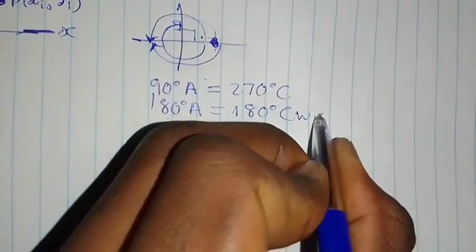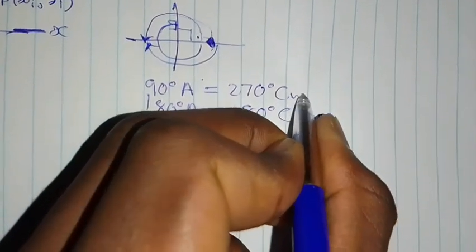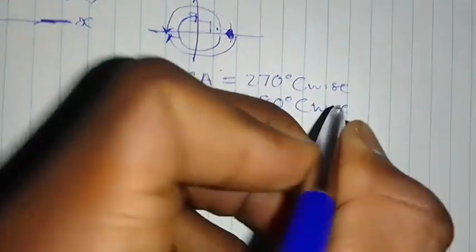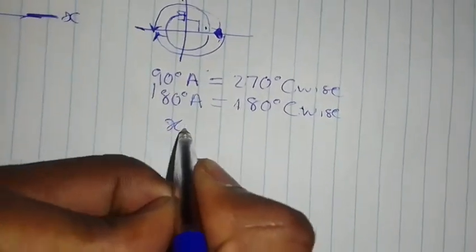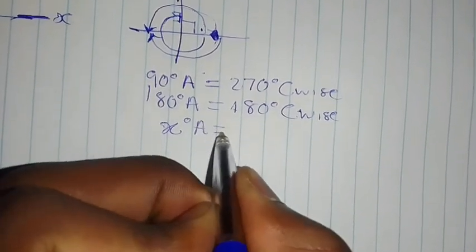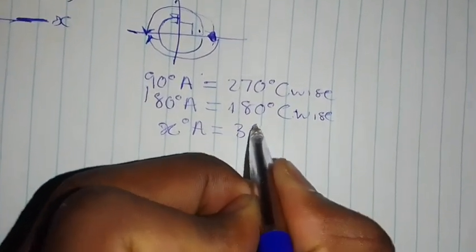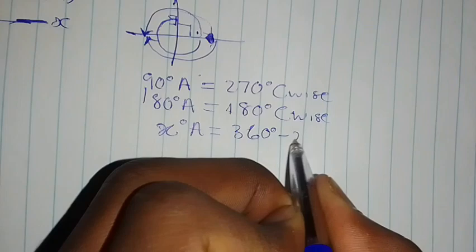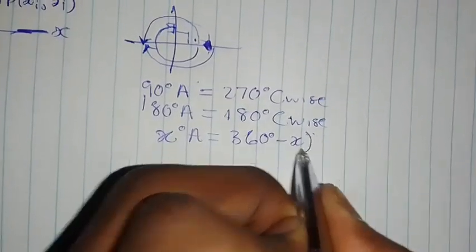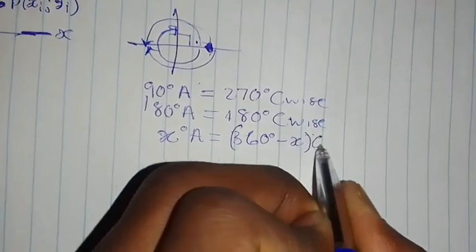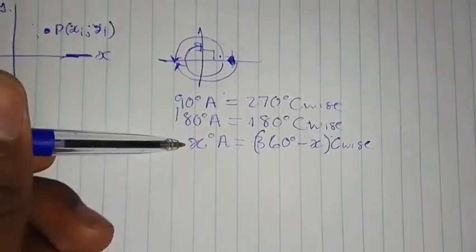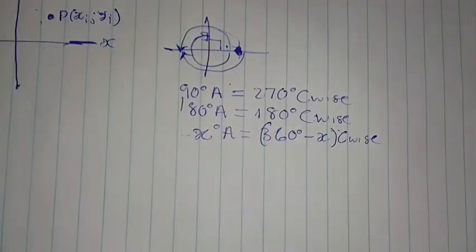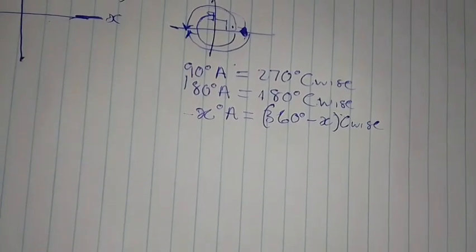Let me just put y's here because you might think it's Celsius. Now that means that y degrees anti-clockwise is equal to 360 degrees minus y clockwise. Y degrees anti-clockwise is the same as 360 degrees minus y clockwise.